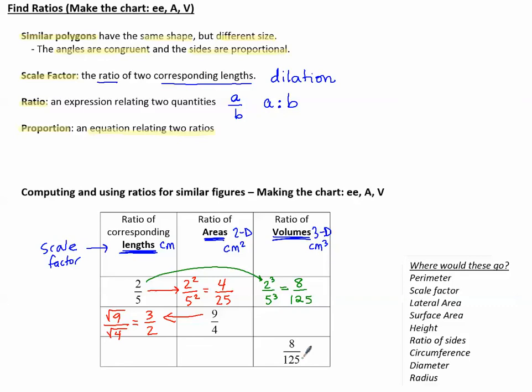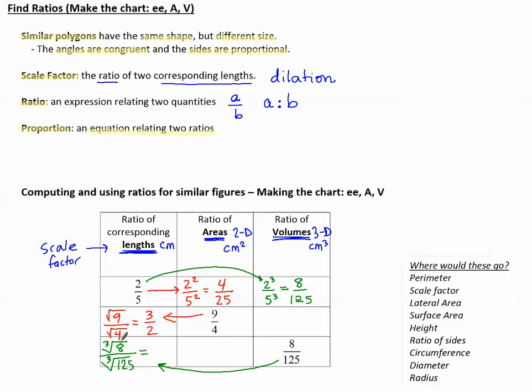If we're going backwards from volumes to scale factor, what's the opposite of cubing? Taking the cube root. The cube root of 8 over the cube root, notice the 3 goes in that little corner of the root symbol, of 125.